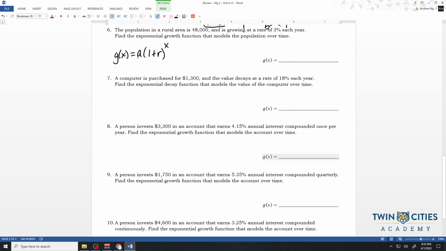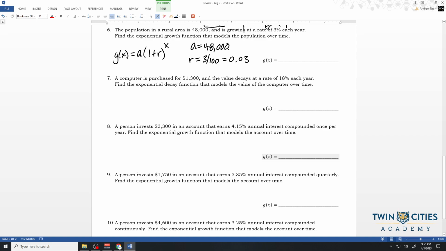Here I'll need to know what a and r are. A is the initial amount, my starting amount, that's 48,000. So a is 48,000. And r is my rate. So r is 3%. So that's 3 over 100, which is 0.03.